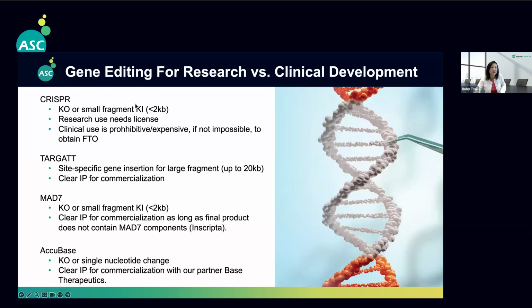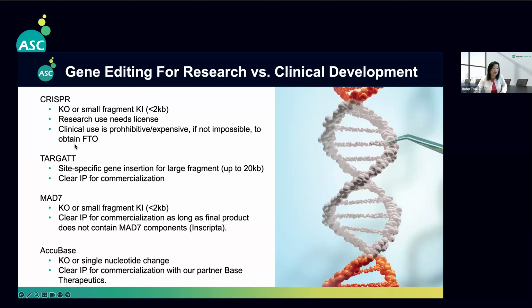So it's very different when you think about application for research versus clinical development. For research, we use CRISPR, especially for knockout. We have licenses from both MIT and from ERS Genomics, the UC Berkeley branch. It works well for knockout and small fragment knock-in.